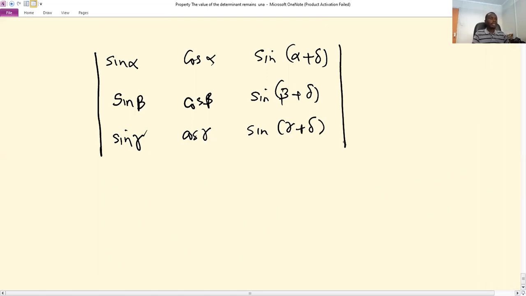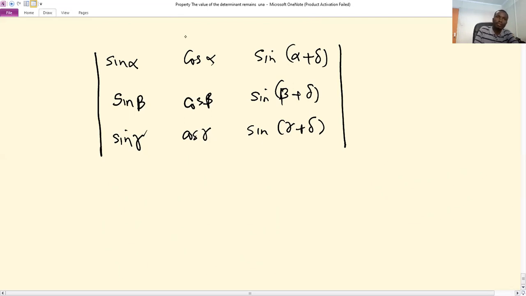So we have to evaluate this determinant. This is an interesting problem which assumes that you already have the concept of trigonometry, especially the double angle formula.